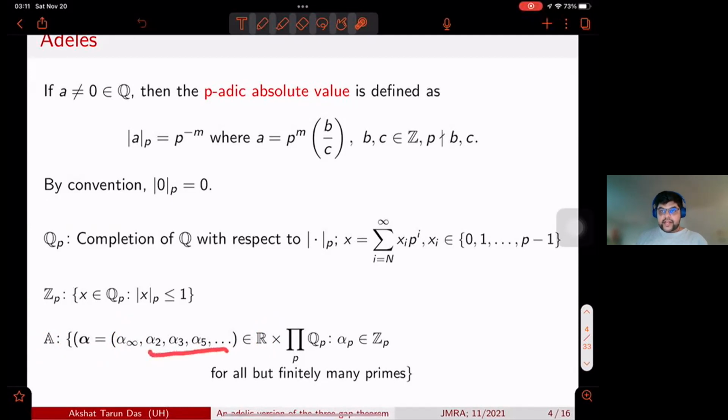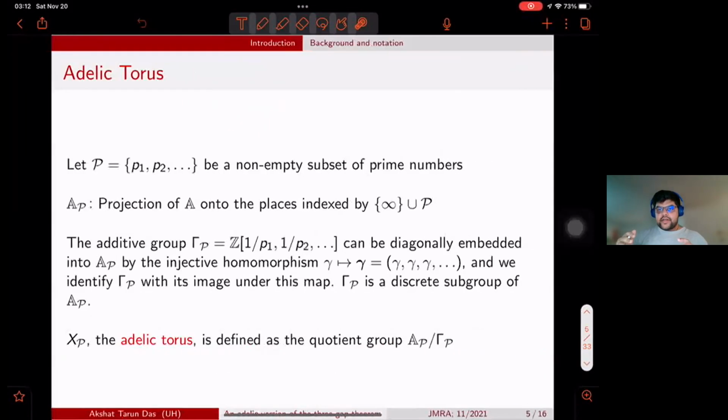And for all but finitely many of these places, the p-adic numbers that we have should be p-adic integers. So it's important to note that this is a product over all the primes, and this has the restricted product topology. So this is the topological ring of the adeles. Now, let's consider a particular set of primes P.